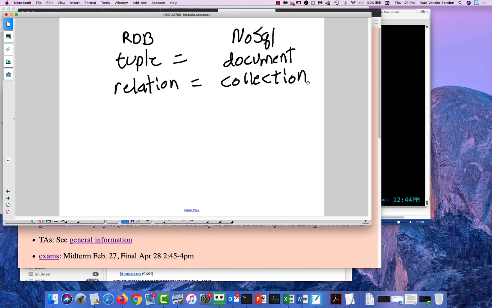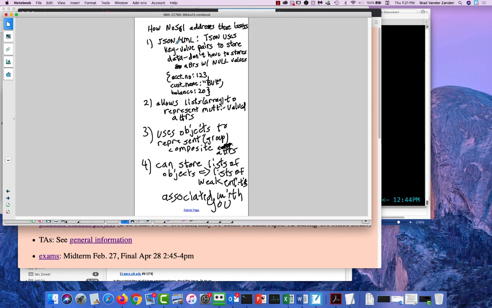Social media things are often referred to as documents, and you organize these documents into collections. And as I said, each document is represented as a JSON object. Well, that's not always the case. In MongoDB, you use JSON to represent a document. But in general, they do use JSON objects to represent entities.